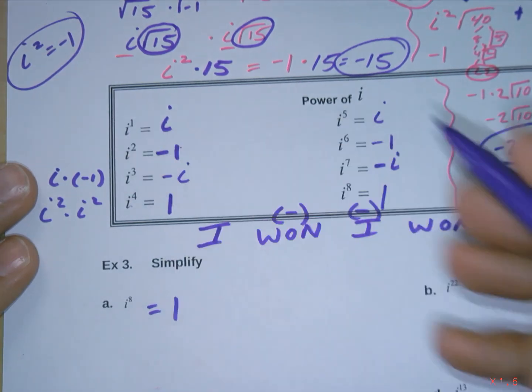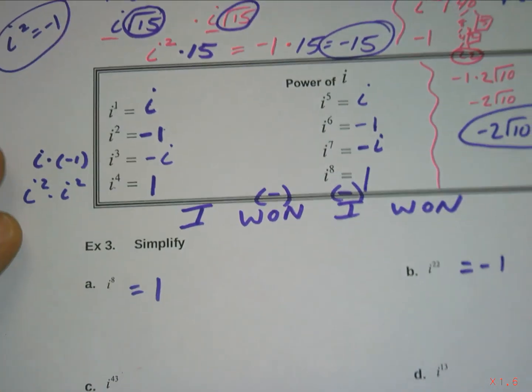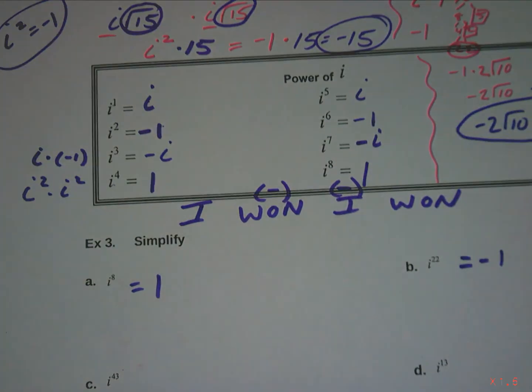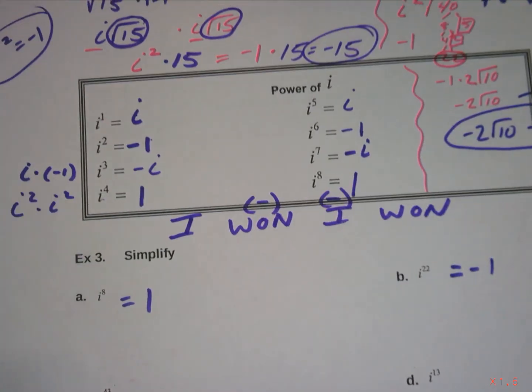So we'd get negative 1 there. What I usually do is, because it repeats after 4, I will think of an exponent that's less than 22 that's divisible by 4. Can you guys think of an exponent that's less than 22 that's divisible by 4 that's really, really close to 22?